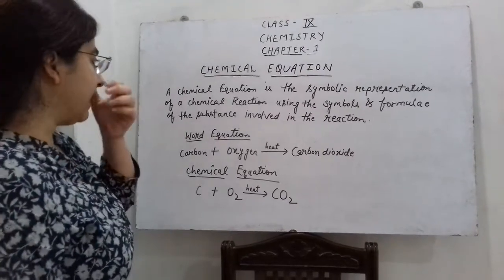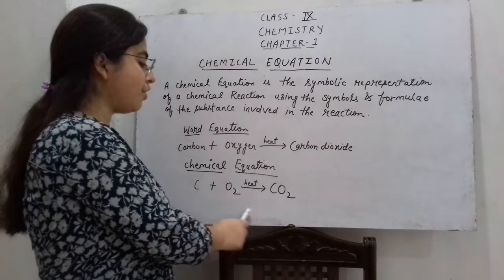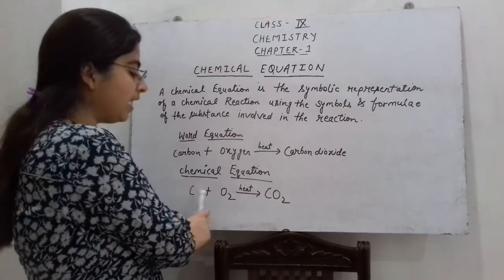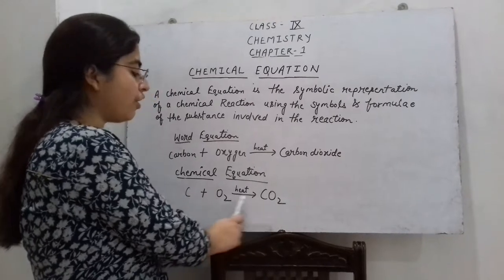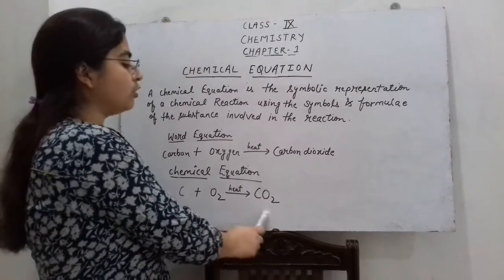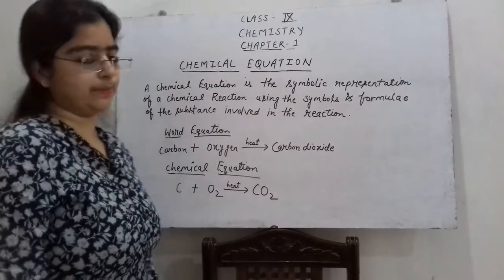So we can say that a chemical equation is the symbolic representation of the chemical reaction by using the symbols and the formulae of the substances which are involved in the reaction and also of the substances which will be formed in the reaction.